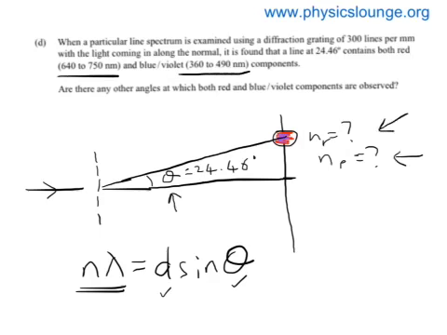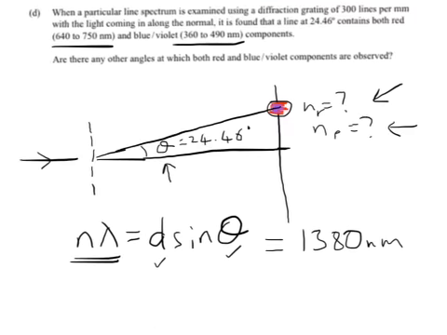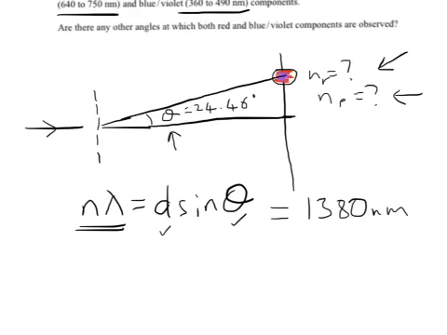So d sine theta gives 1380 nanometres. Dividing by 640 to 750 for red, you can only get 2: you can't get 3 and you can't get 1.